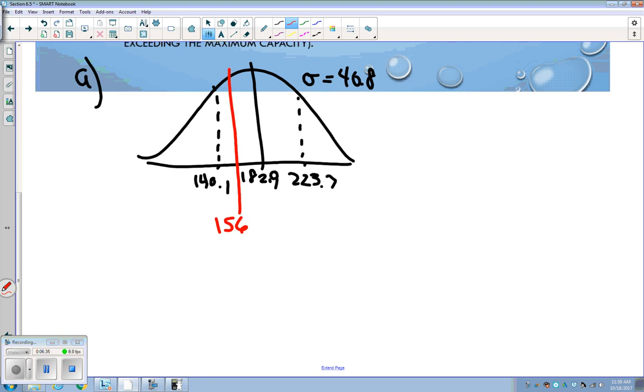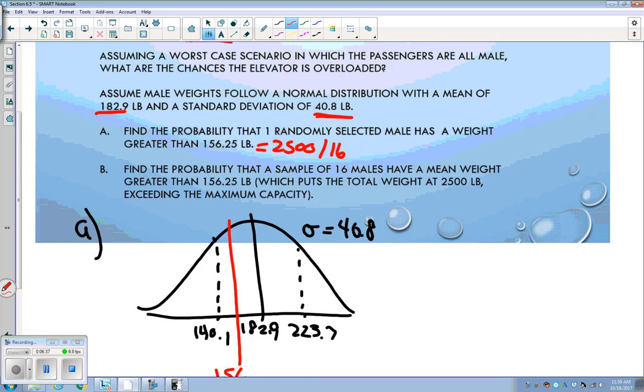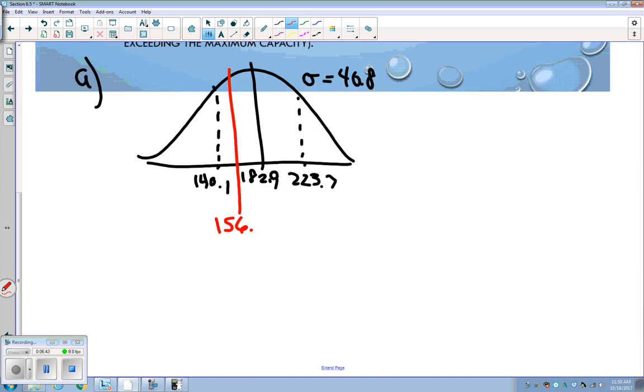I can't remember the number. 156.25, okay, I was right. And I want it to be that much or greater. So I'm shading the right. What am I looking for? The probability, which is really the area.